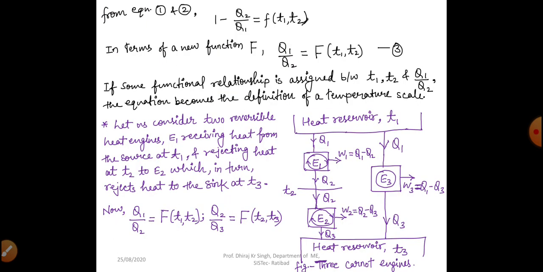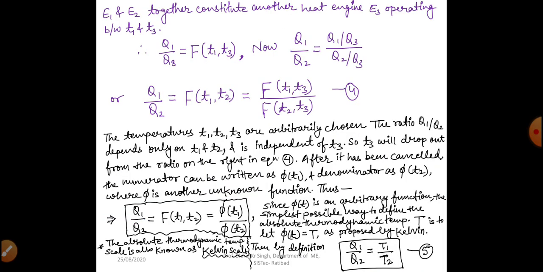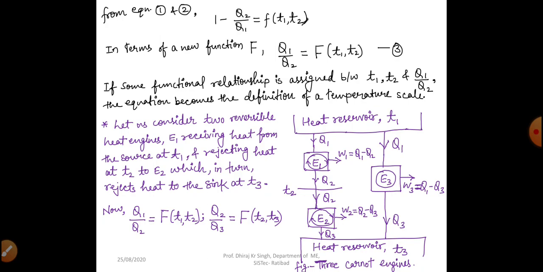So we can see that heat engine E1 accepts heat Q1 and rejects heat Q2, this rejected heat Q2 is supplied to heat engine E2, and E2 rejects heat Q3 to the reservoir T3.